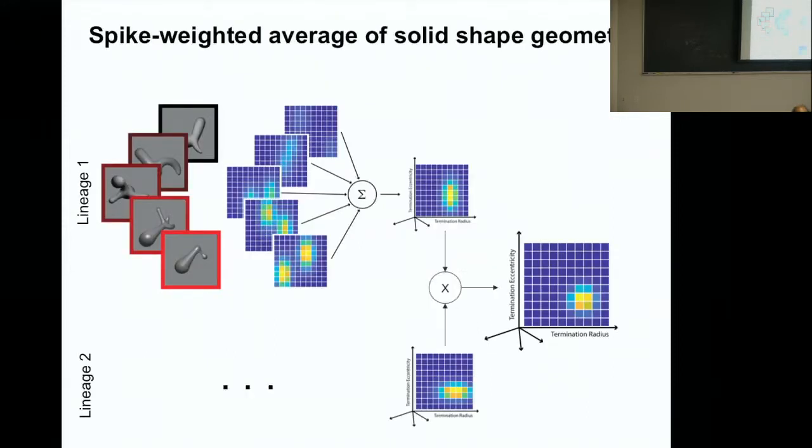I won't go into detail about this unless people want to, but whereas in other analyses we actually try to fit and verify a model, here we just wanted to do a spike-weighted average of the geometric measures we had to get, again, a coarse idea of what was driving these cells and whether there was some particular thing driving these cells.